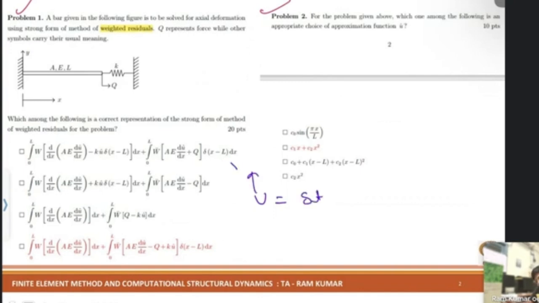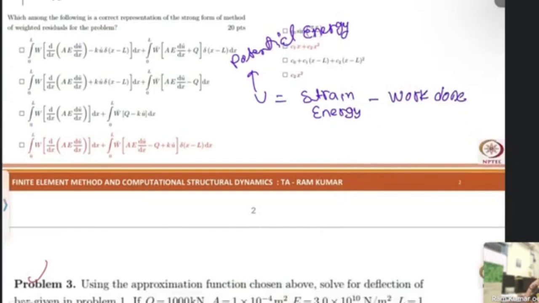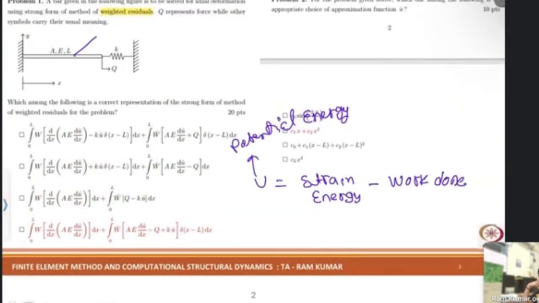We will say this is potential energy: strain energy minus work done. Now, this is our one bar. This is a spring. And we are putting some load. This one is a load.